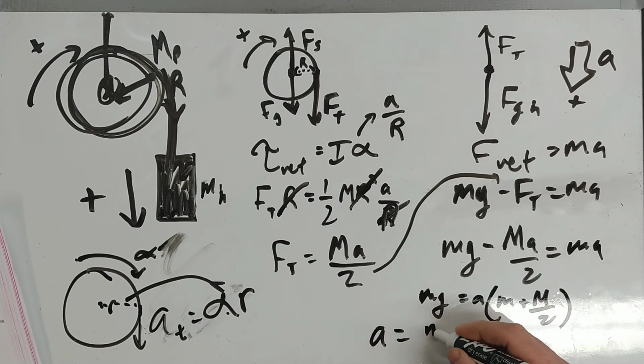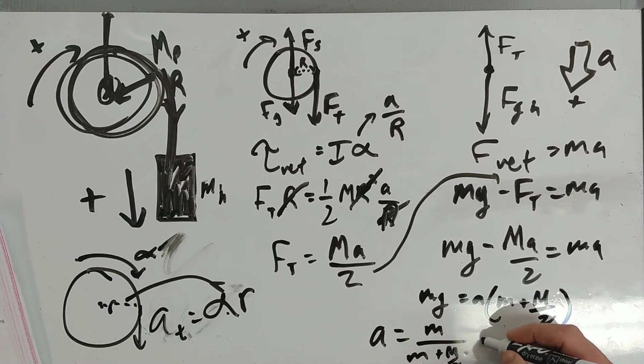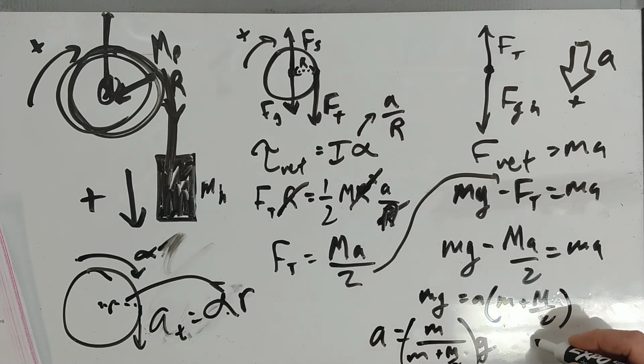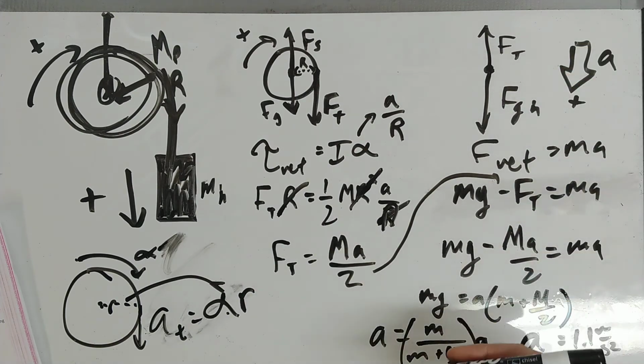A equals m over little m plus big M over 2 times g. If you plug in the numbers, it's about 1.1 meters per second squared or so. And that's the magnitude of the acceleration. It's down.